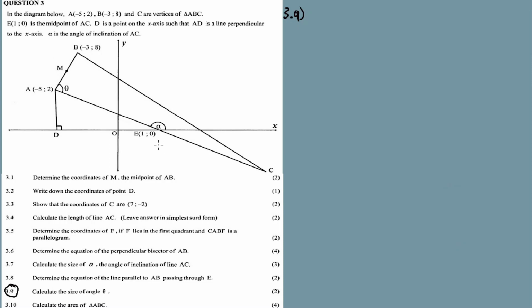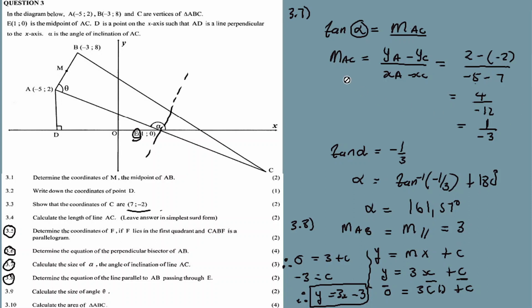Ngichaza ukuthi I can find the gradient ka line AB, which by the way is calculated. I can also find the gradient for this line AC, which by the way is calculated. Let's go back. Gradient ka AC now, negative 1 over 3.